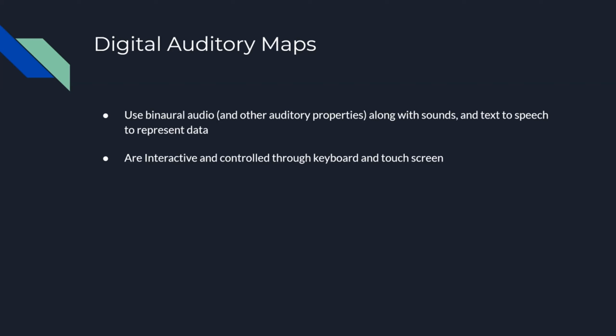So the next section is on digital auditory maps, and this is actually my specialty, so I'm probably going to talk a little more about these than I did about the Vibro-audio maps. Digital auditory maps use, as I said before, an egocentric point of view.